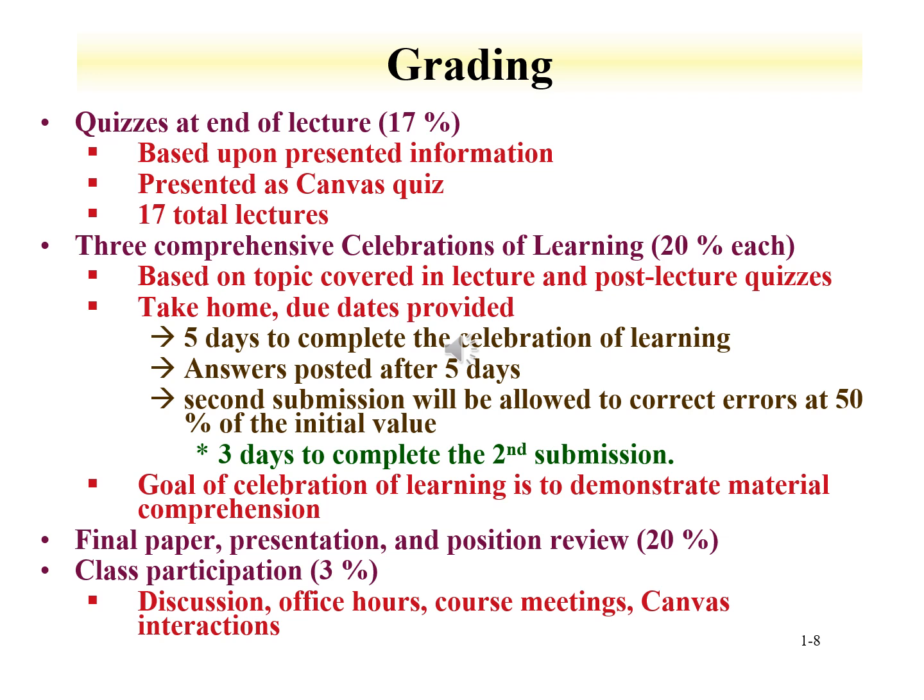And finally, the remainder of the course points to bring it up to 100% are scored through class participation. And this is judged from discussions, meetings, office hours, Canvas interactions, and other interactions that you'll have throughout the course.